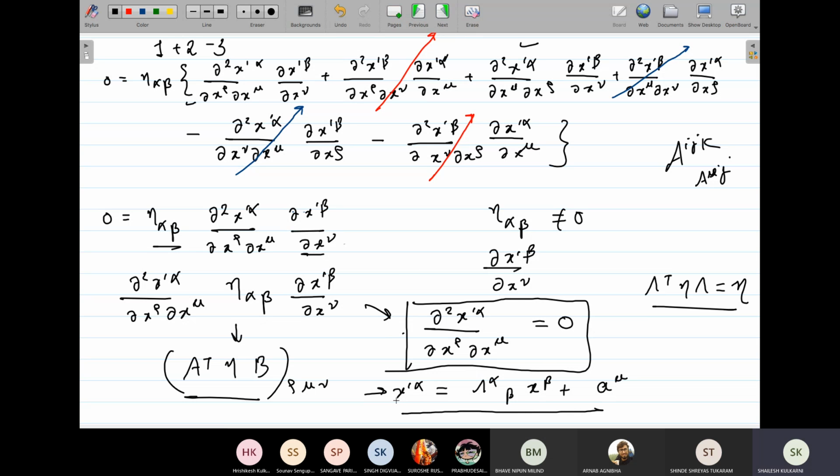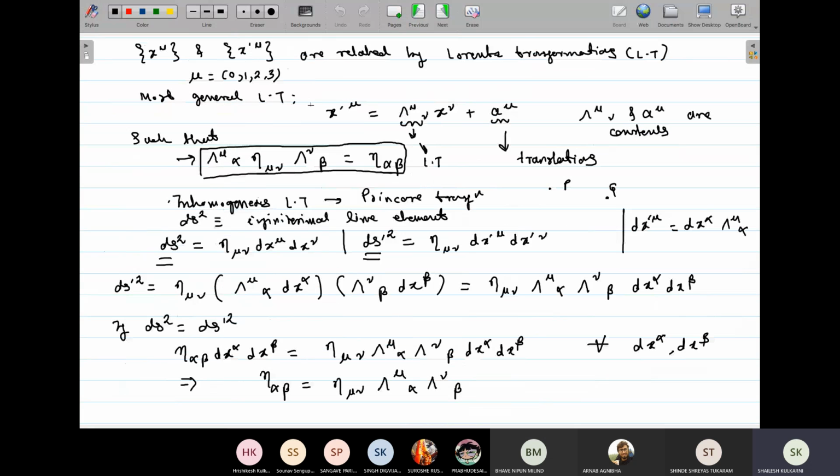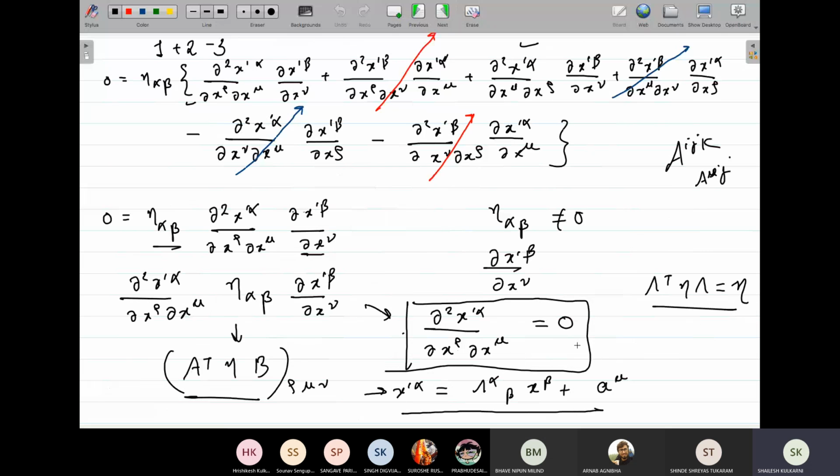Now if you take this and substitute here, you will get that condition automatically, as we did in our previous case. So indeed these are the Lorentz transformations.